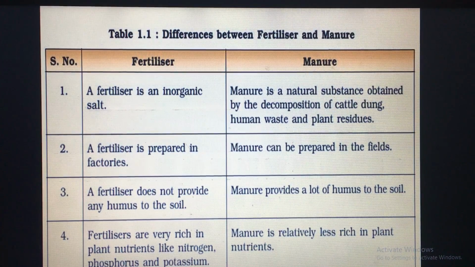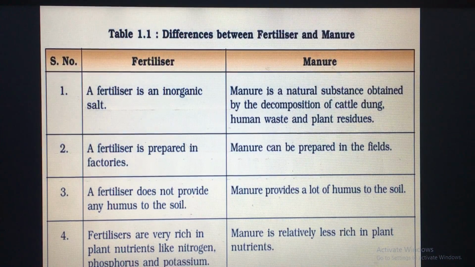However, fertilizer can be organic or inorganic. They could be produced naturally or in a factory. They affect the fertility of the soil. Manure affects the top layer of the soil, that is humus.